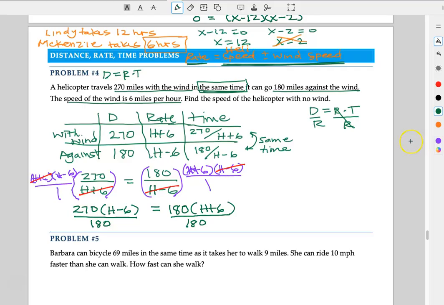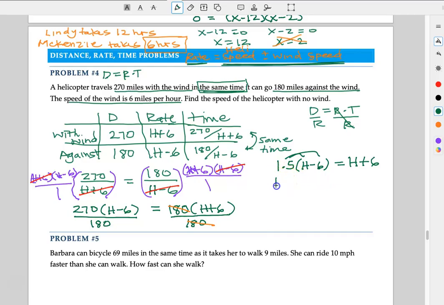All right, so when I do this, those 180s divide out, and then 270 divided by 180 is 1.5. I'm going to have 1.5 times h minus 6 equals just h plus 6. Now let's distribute that through and see what we come up with.